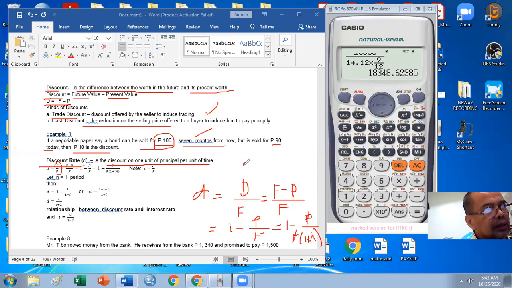Ang matitira, your discount rate will be equal to 1 minus 1 over 1 plus I. And pag sinimplify mo to, LCD is 1 plus I, 1 plus I minus 1. That gives you I over 1 plus I.